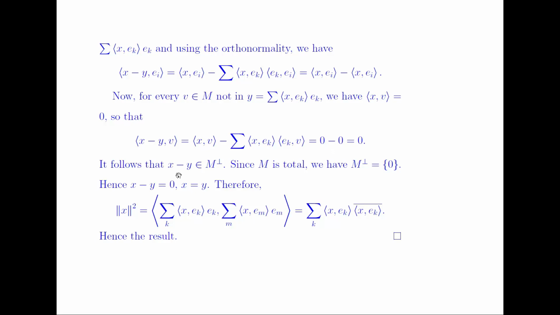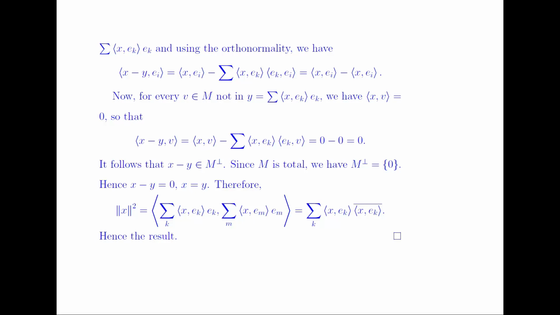So it follows that x minus y belongs to M perpendicular. Since M is total, the orthogonal complement of M is equal to the null set, that is 0. Hence x minus y is equal to 0. It implies that x is equal to y.